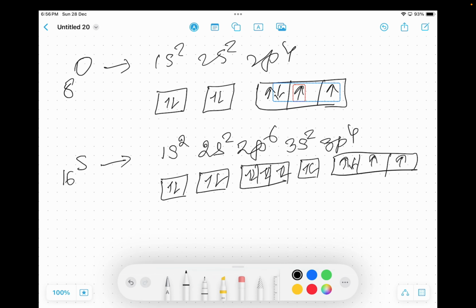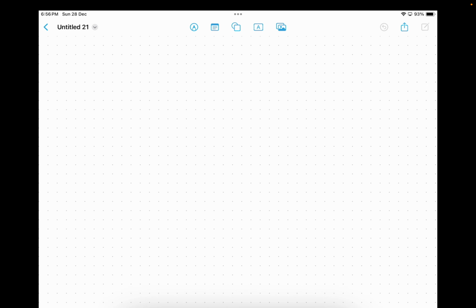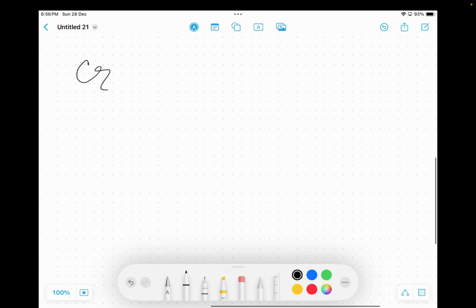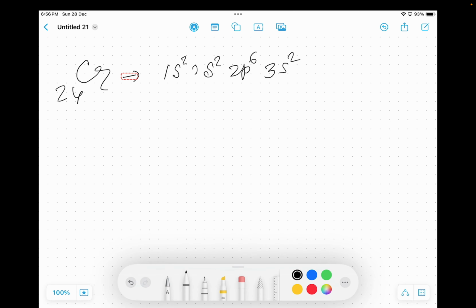Let me explain 2 more examples. Chromium 24. The electronic configuration of chromium should be written like this: 1s2, 2s2, 2p6, 3s2, 3p6, then 4s2, then 3d. So 4s should be written first, then 3d.